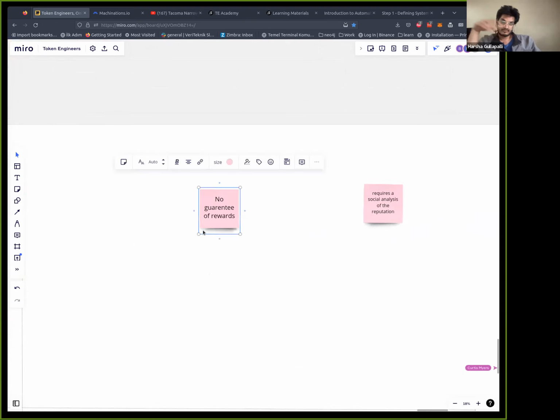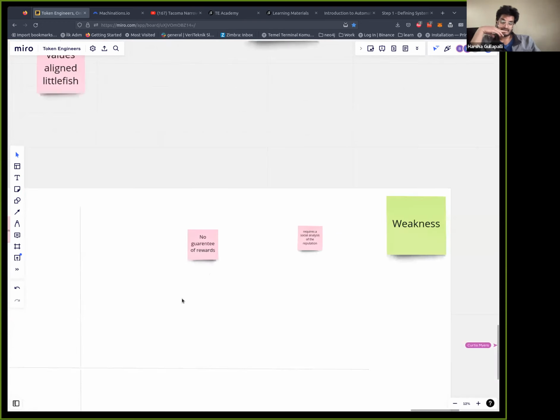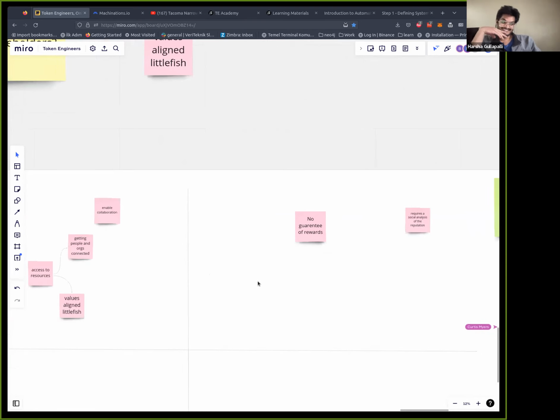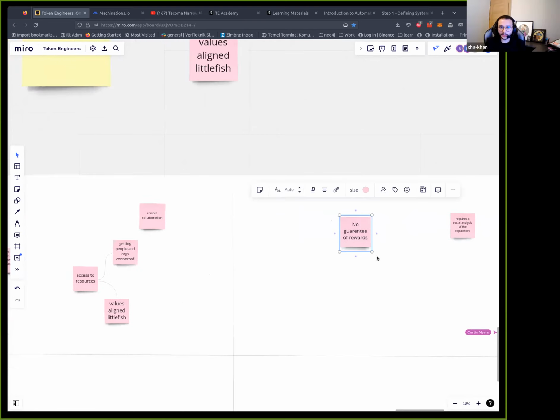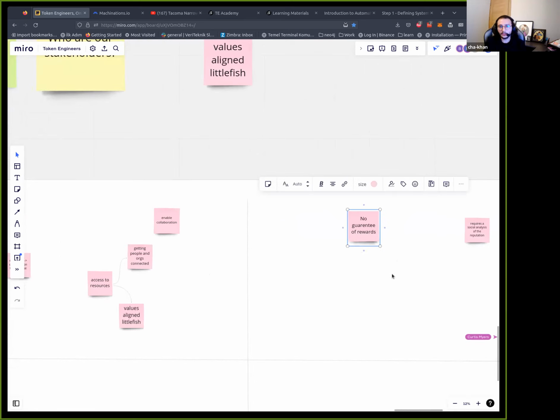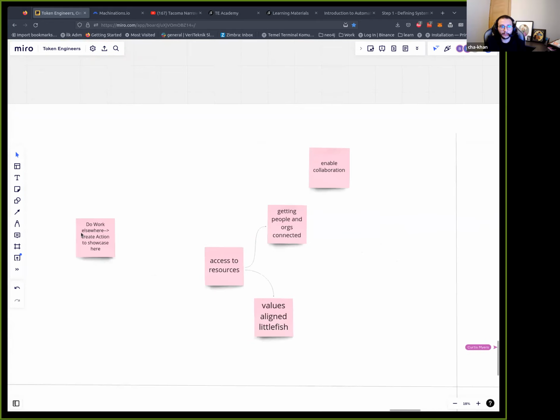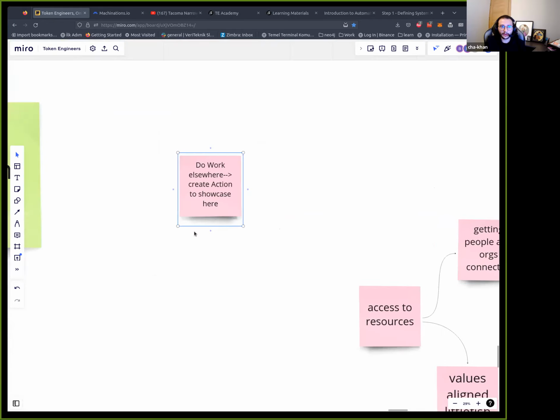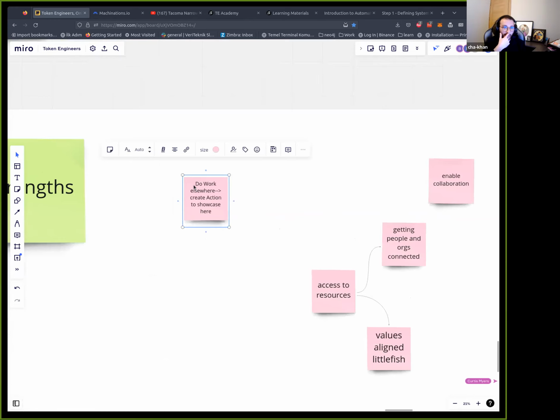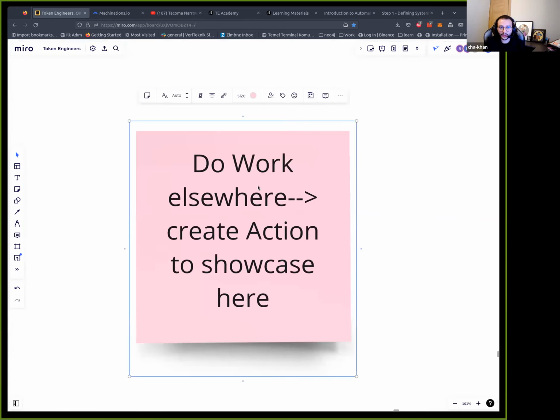So yeah, there's no guarantees. That's the difference, I think. So that's one way of looking at it. When you create an action, you don't have a guarantee that somebody will be buying it. But the benefit, compared to platforms like Upwork, is that you can just do stuff elsewhere.